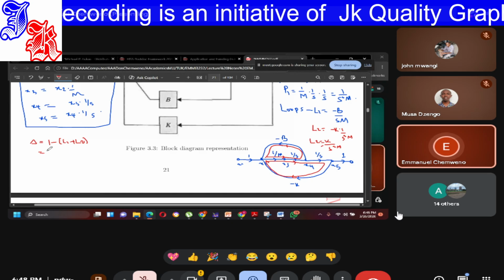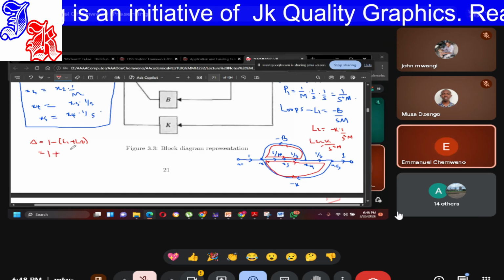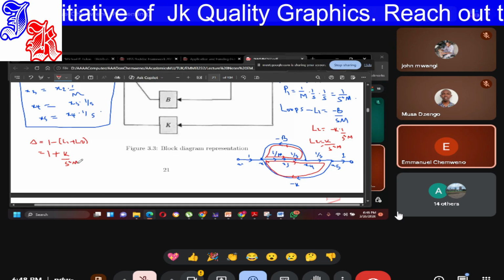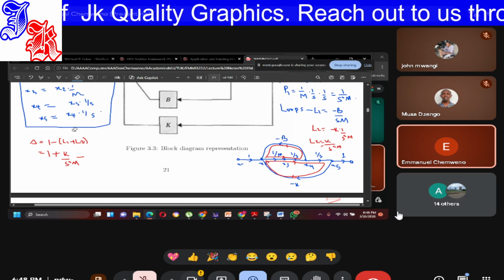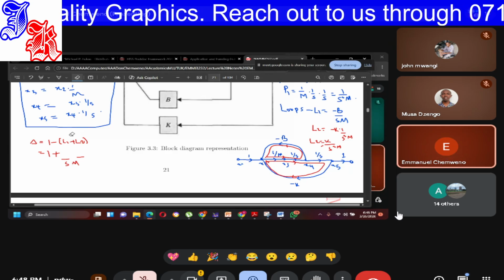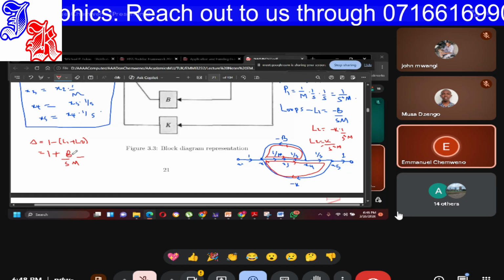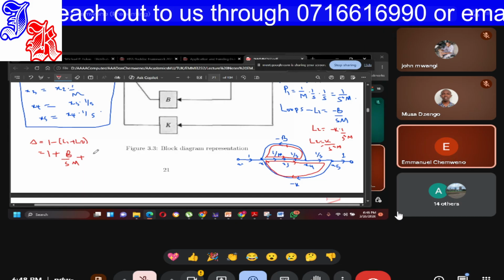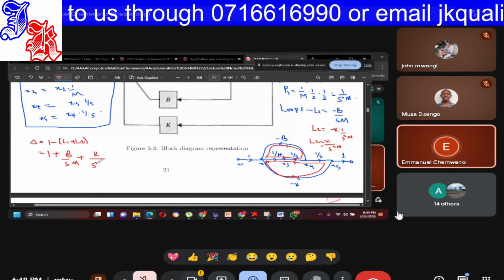So basically it becomes 1 plus, loop 1 is b over sm, which was a negative, so it becomes a positive, and loop 2 is k over s squared m.